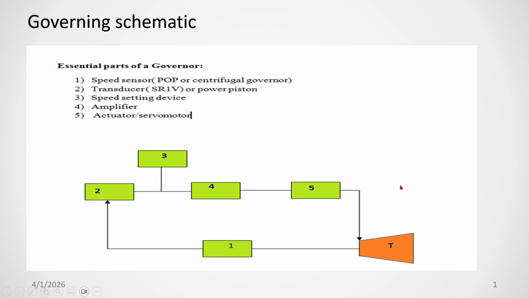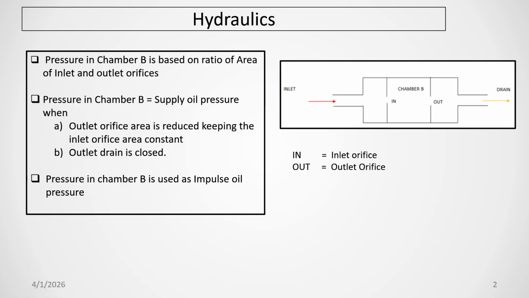Next, before going to discuss the details of the hydraulics of a steam turbine, a simple diagram and understanding is very important. Suppose this is a chamber B, where oil enters through this orifice, and oil goes out through this orifice to the drain.